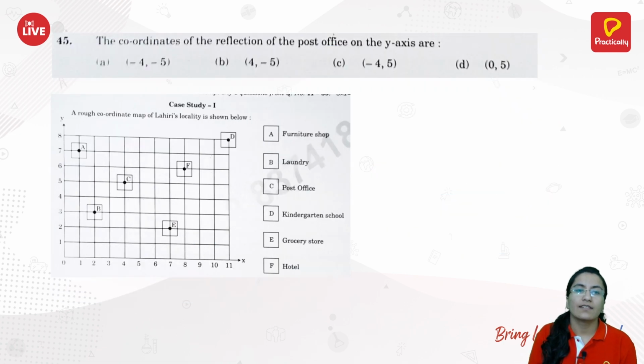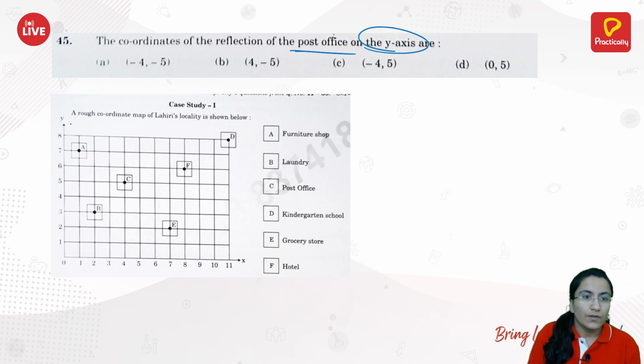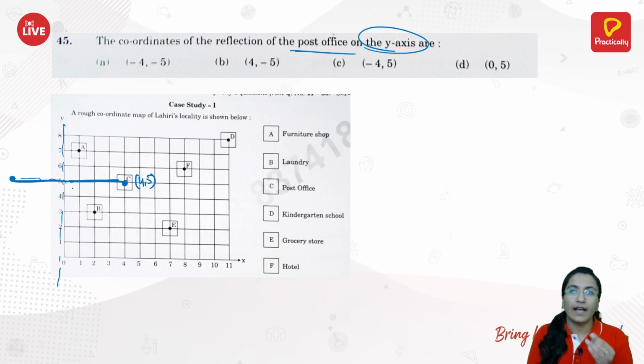Next question is the coordinates of the reflection of the post office on the y-axis. So this is the post office which has coordinates as 4, 5. If you take its reflection in the y-axis over here, it would be somewhere around here. So whatever this distance is, it is the same as this distance, and the height remains the same. If height remains the same, the y coordinate remains the same.